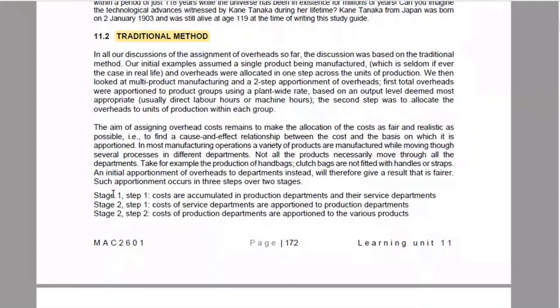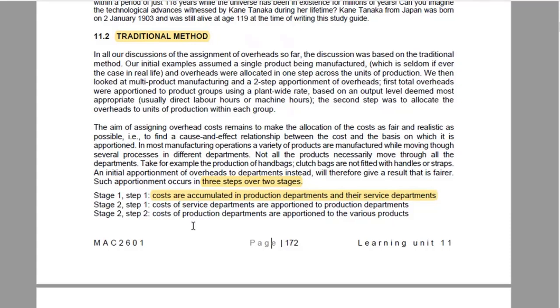Under the traditional method, the steps that you need to follow are 3 steps. Step 1, you need to be aware of costs that are accumulated in production departments and service departments. So identify the total cost that you need to incur.